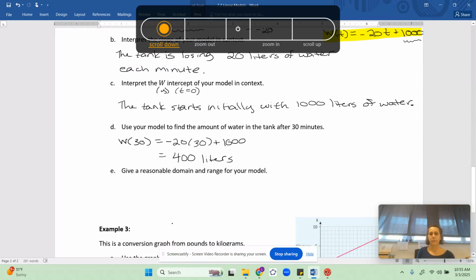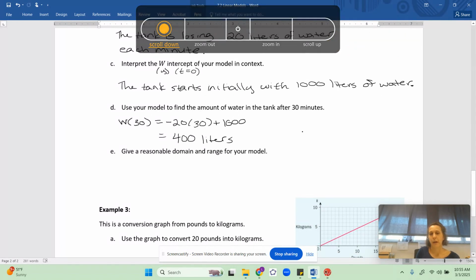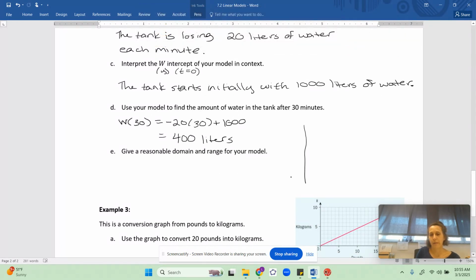Give a reasonable domain and range for your model. If we think about what's happening with this model, I have the water and the time. At time 0, I have 1,000 liters of water. And remember, it took 50 minutes for it to drain completely at a constant rate.